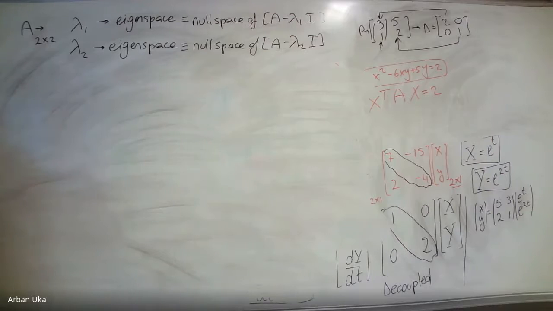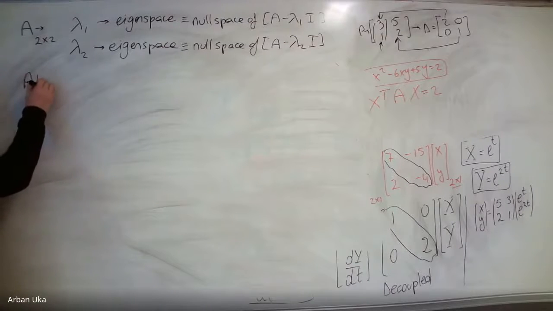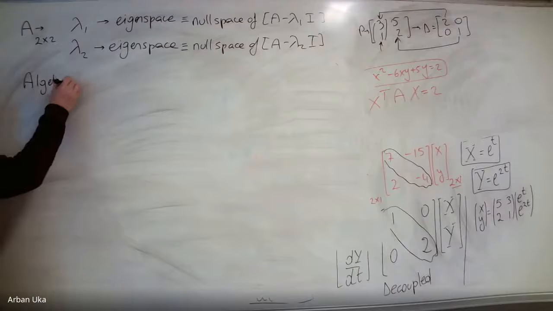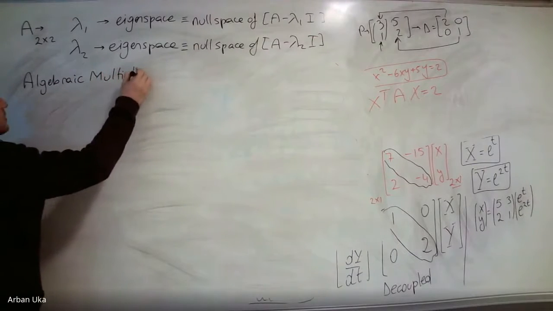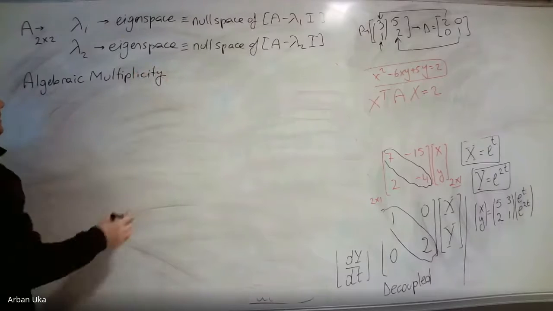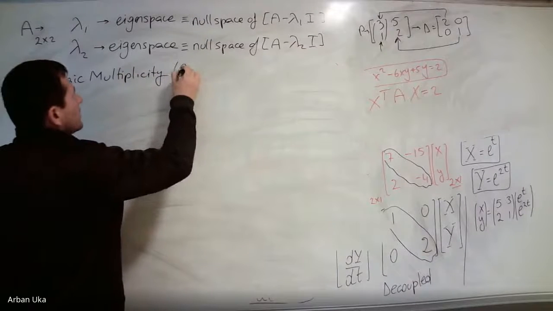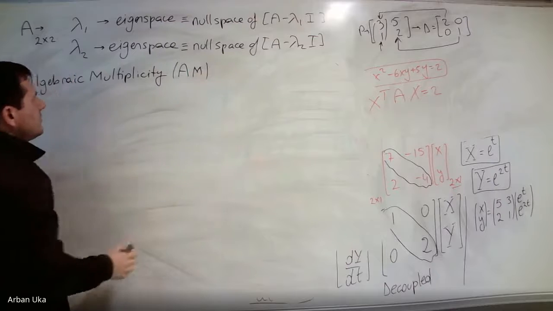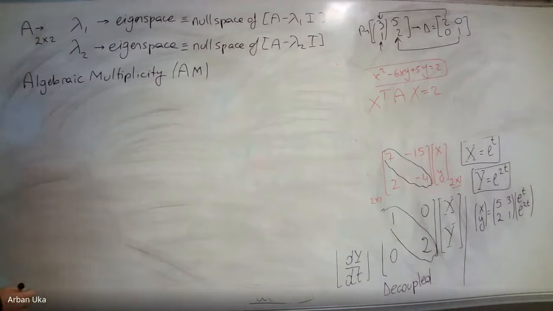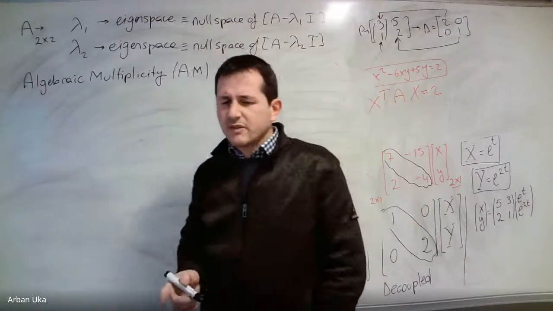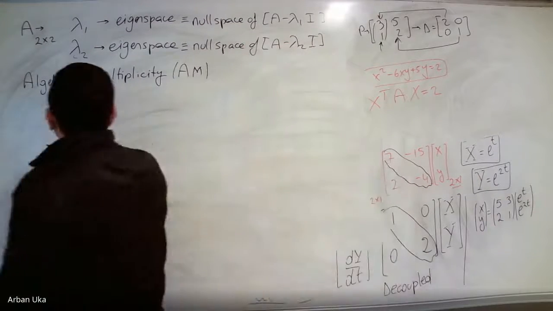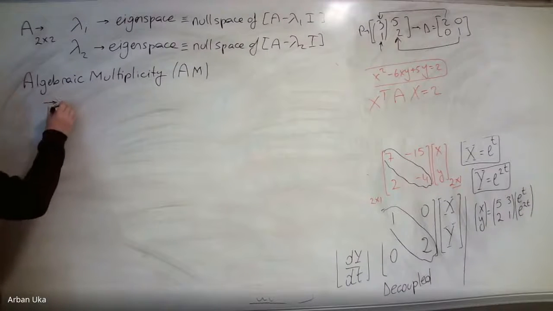Now, another thing that we can add is a couple of concepts which are very essential, which is the algebraic multiplicity, which we can write as AM. What it stands for, let's give the definition here.